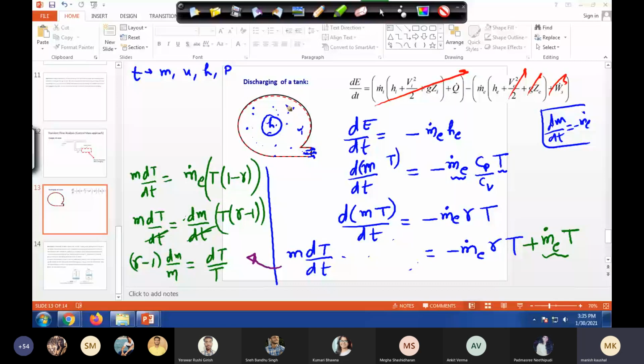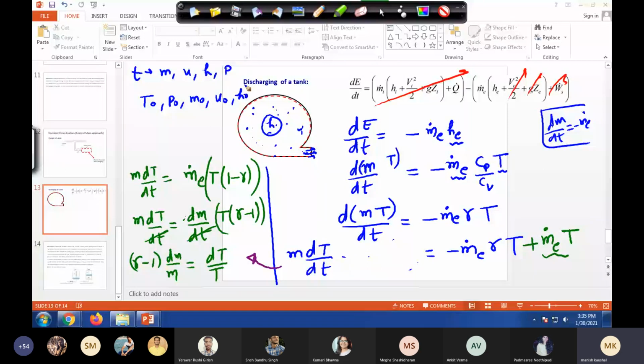That's the whole point I'm saying. If you say that H is a different condition, then it can be treated as a constant, and that's why I say that it's not correct. It's wrong. H is nothing but the H at that given instant of time. You agree, or otherwise I can elaborate more? Yes, sir. Let's say you started with some T naught, P naught, M naught, and H naught.